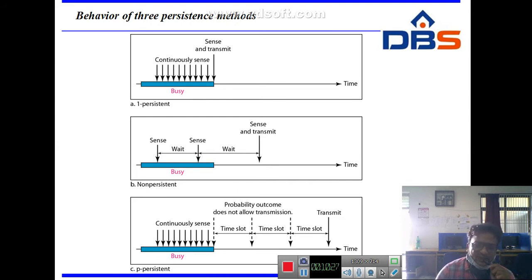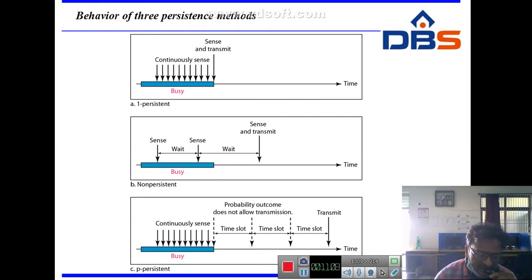If during that sensing time the sensor finds the channel busy, it cannot transmit the data from transmitter to receiver. When the sensor finds the channel idle, only then will it transmit the data from transmitter to receiver. So that is the one-persistent method.